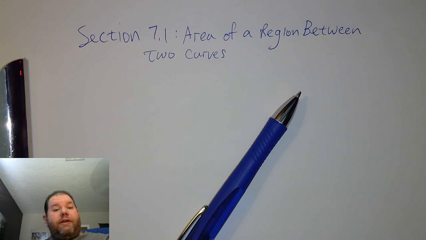Basically, we're finding things like area and volume of figures that are not what we would call regular figures. That would be non-polygonal or non-polyhedral figures.